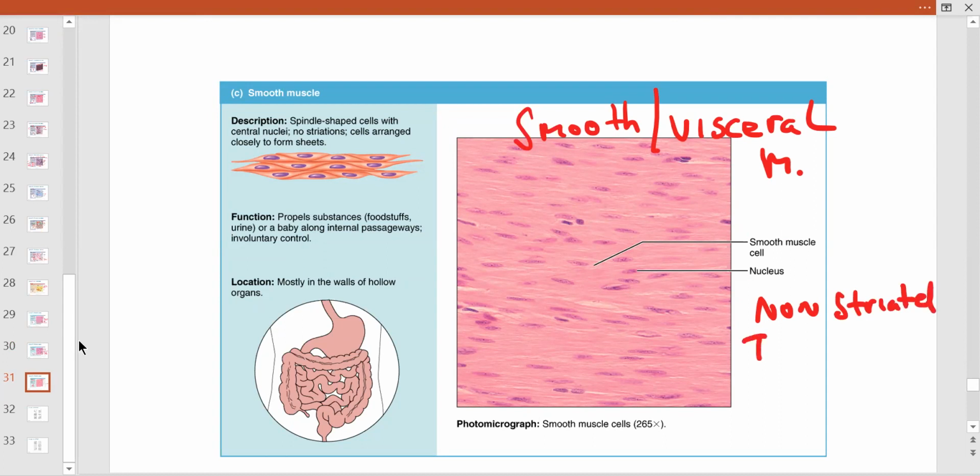And it's, of course, involuntary. And it's very important muscle. It's in all your blood vessels. It's in all your digestive tubes. It's in all your respiratory tubes. Anything that can constrict is using smooth muscle in a tube, in the respiratory and reproductive systems.